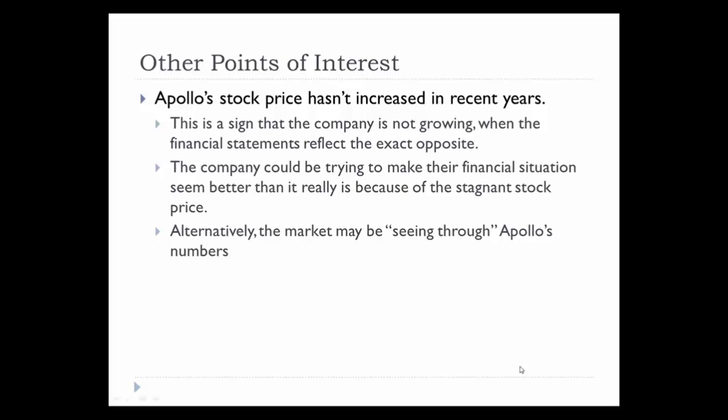Other thing is their stock. Their stock price hasn't increased in recent years. And it's a publicly held company. Obviously analysts are probably following them. The market is at least following them. So does management have any incentives to try to manage market expectations?